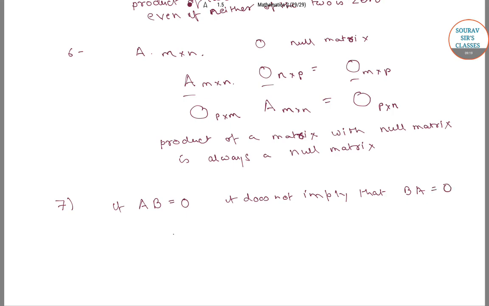For example, suppose A is equal to 0, 1, 0, 0 and B is equal to 1, 0, 0, 0. Then AB is equal to, first this and this, it's 0, this and this 0, 0 and 0.